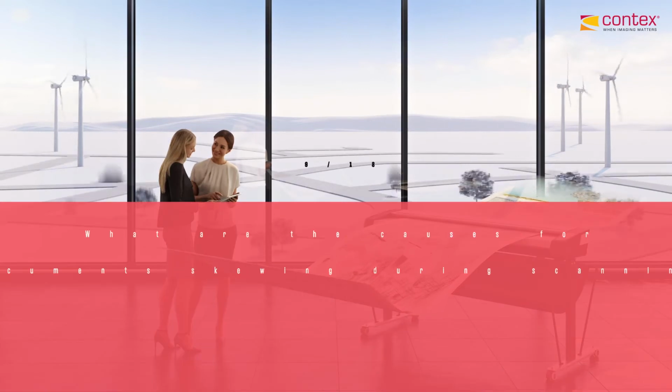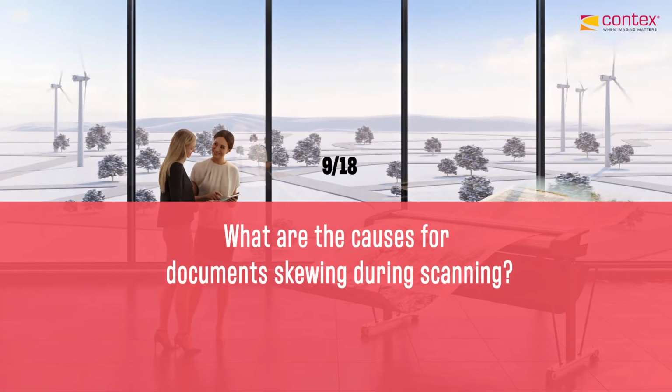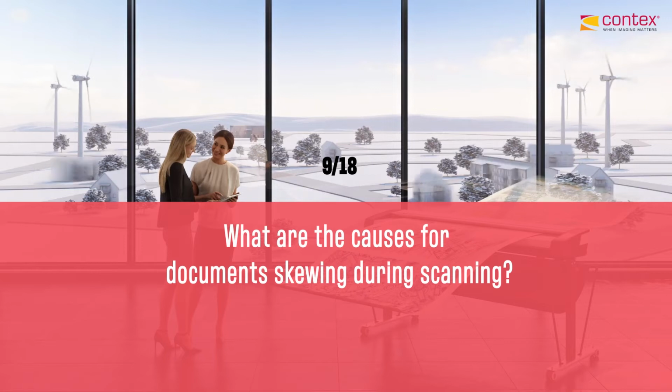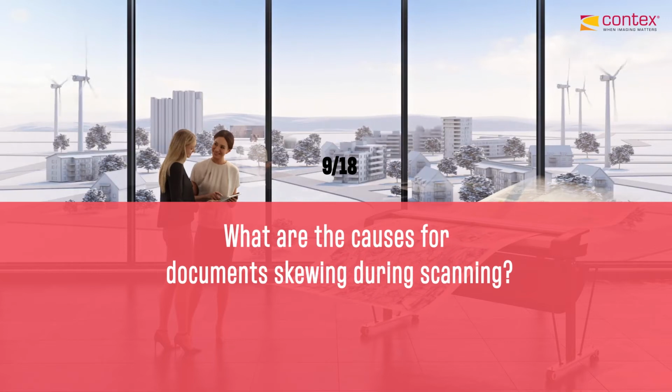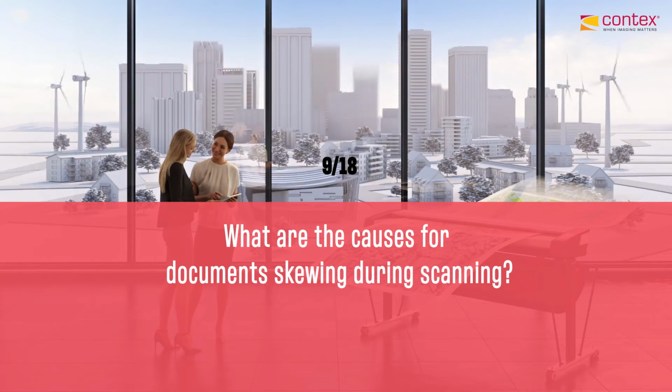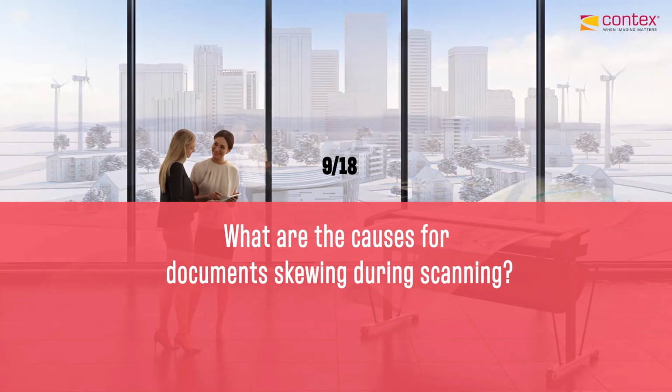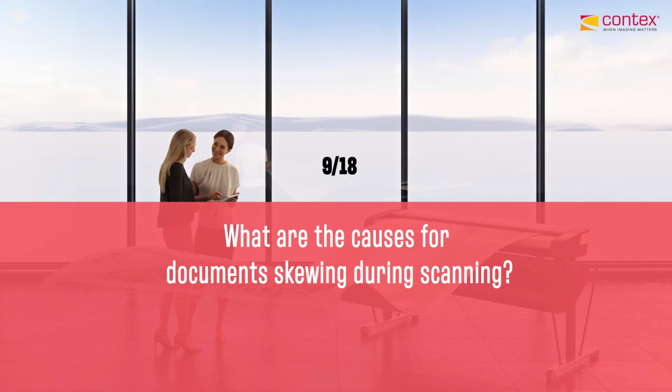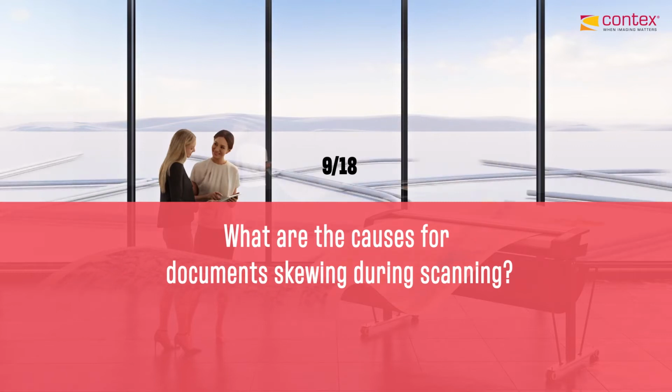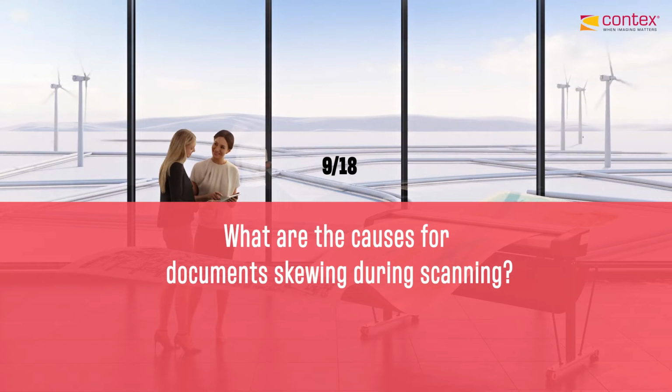And then Joe is asking, our scanner always skews the drawing slightly, like 2 degrees. Is it the roller speed? Normally, skewing is going to be caused by one of two things. One is paper dust, and it's going to sound funny, but this is probably the number one culprit.